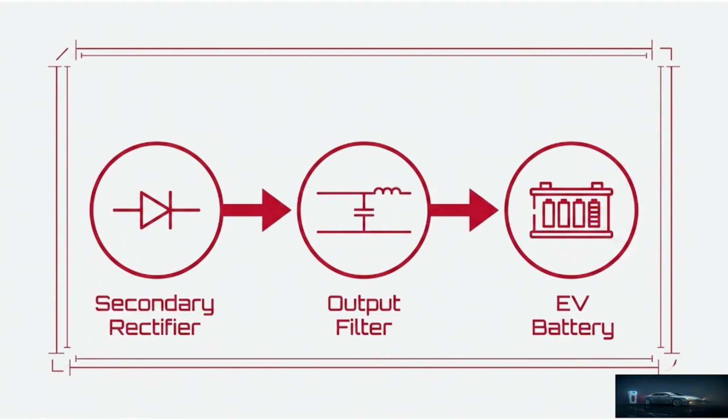That job is done by the secondary rectifier, which is here in zone 3. Then our output filter: after rectification, we still want a clean and stable output, so we use the output filter. It helps to reduce the remaining ripples and gives a smooth final DC output. And finally, our EV battery.